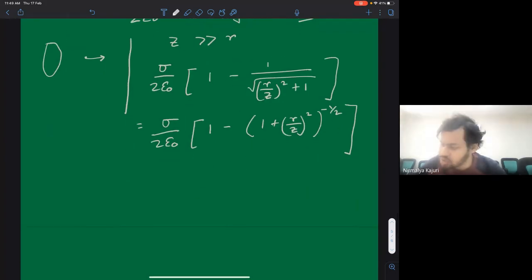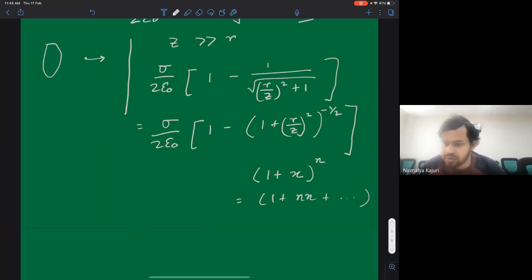Now you can use the binomial series formula. So what is the binomial series formula? It goes like 1 plus x to the power n is 1 plus nx plus higher power terms, x square, x cube, and so on. But if x is very, very small, then x square is much smaller than x, and x cube is much smaller than x square.